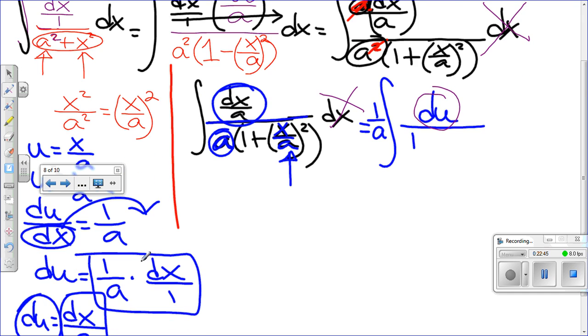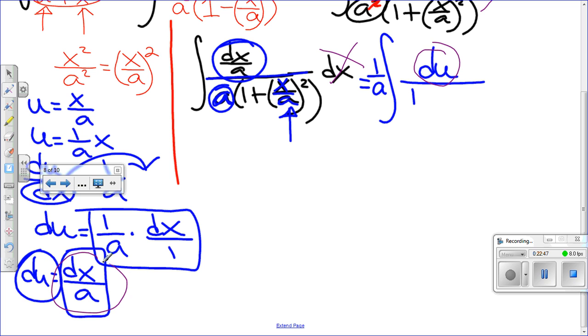Remember, we got that from here. And the divided by a, we took that fraction out. It's right here. Now, right here, we're just going to substitute that with u squared. So this will be 1 plus u squared.